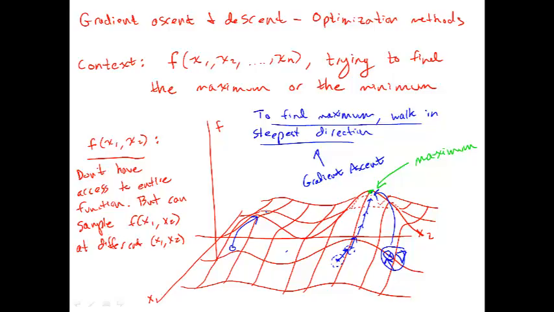And again, we've gone through our examples in 2 dimensions, so with 2 arguments for our function f, but the same general idea holds for higher dimensions. So for when we have x1, x2, all the way through xn. The gradient tells us the steepest direction, and we just walk in that direction until the gradient is equal to 0. And when the gradient is equal to 0, that means we are at a maximum or a minimum.